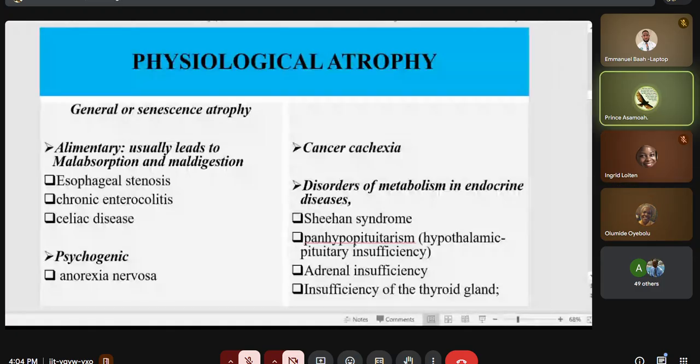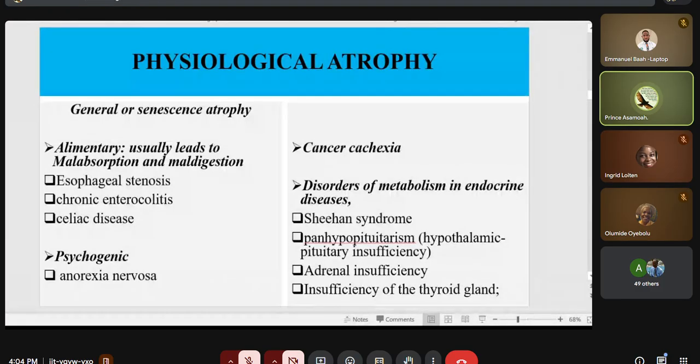When we take the alimentary canal, when physiological atrophy sets in there, it usually leads to malabsorption and maldigestion.